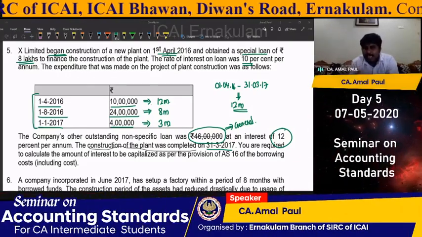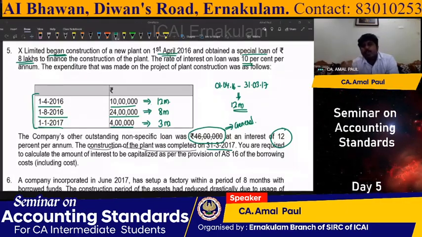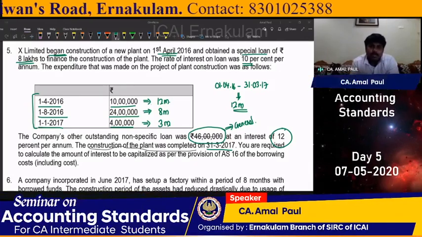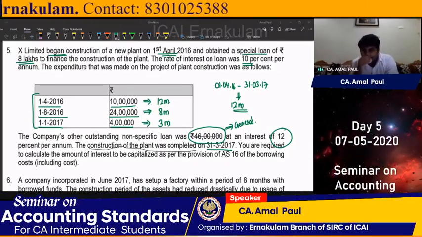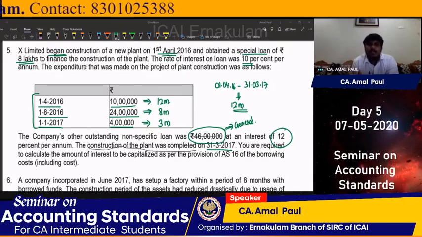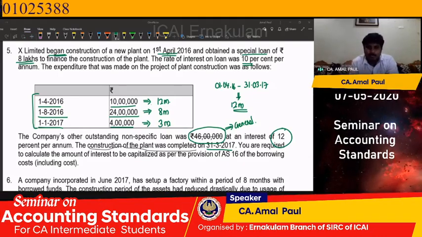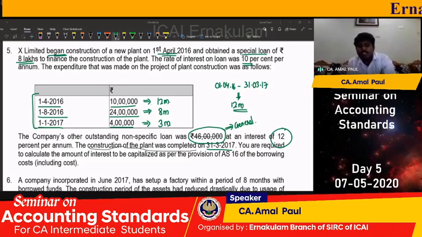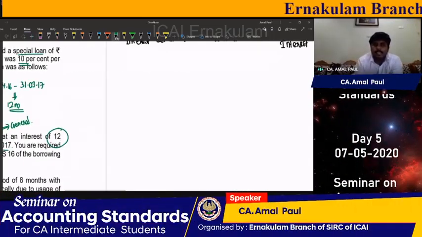From the date of incurring expenditure to the date of cessation of capitalization, till that period only will we be incurring borrowing cost. So that much interest only we need to consider. So we have to time weight our expenditure. That will be our first working note. Our first working note will be time weighted expenditure.